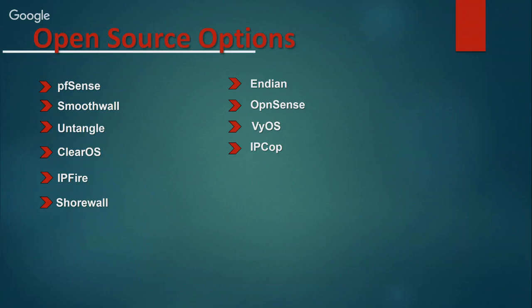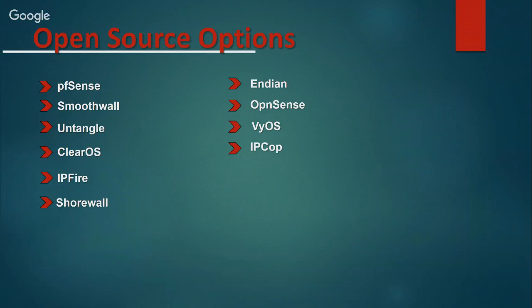These are just a few I Googled and looked around. These tend to be fairly popular ones: pfSense, Smoothwall, Untangle, ClearOS, IPFire, Shorewall, OPNsense, IPCop.